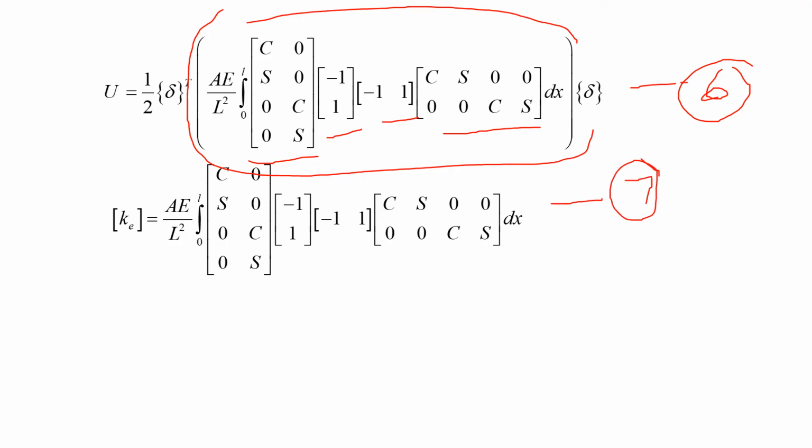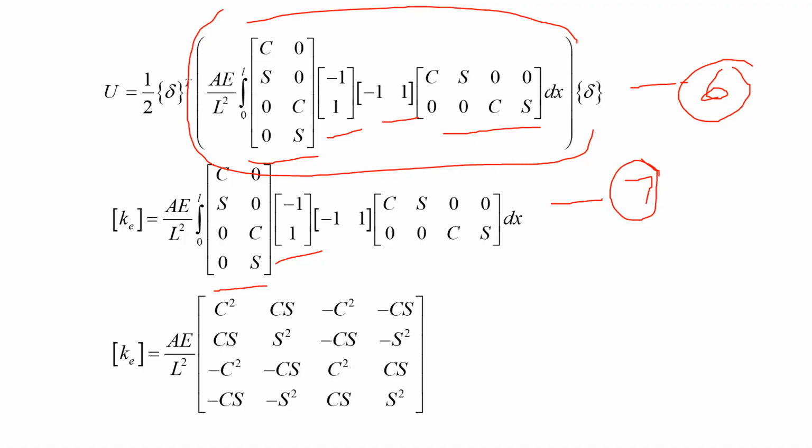For this truss member's element stiffness matrix, we have to multiply with the transformation matrix and its B matrix. This is the B matrix, minus 1 1, B transpose. This is the transformation matrix. So we have to multiply these matrices. After multiplying these matrices, finally we will get the element stiffness matrix.